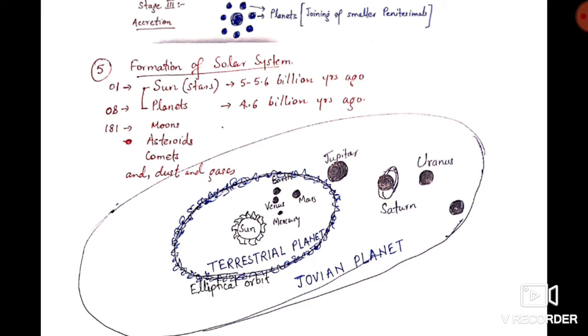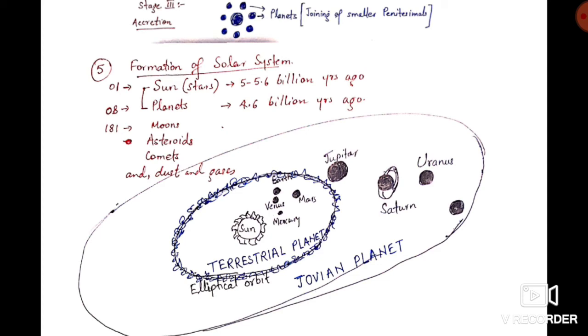Now we can see why the terrestrial and Jovian planets are different in terms of their gaseous composition.